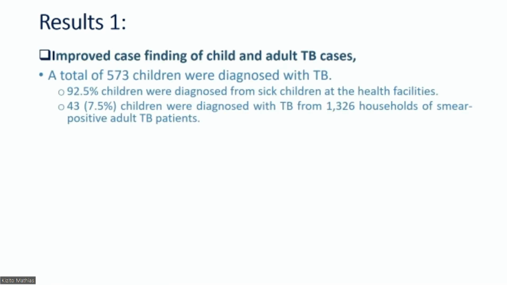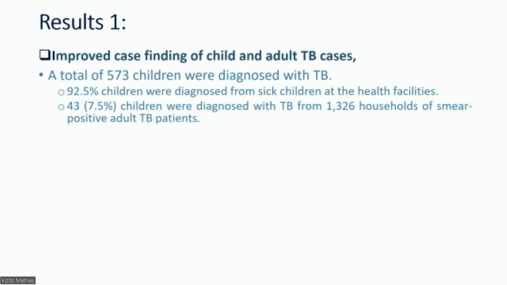So what were the results? We did document increased case finding for both child and adult TB cases. Over the 2 years, a total of 573 children were diagnosed with TB. Significantly, the majority were from the facility.